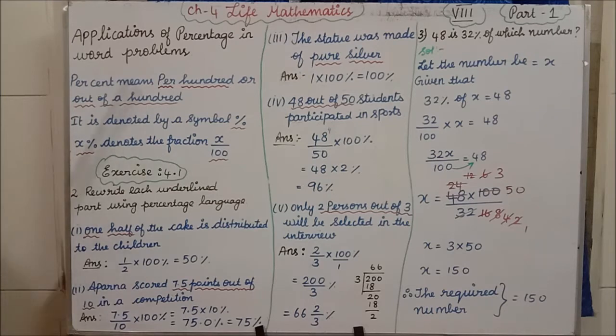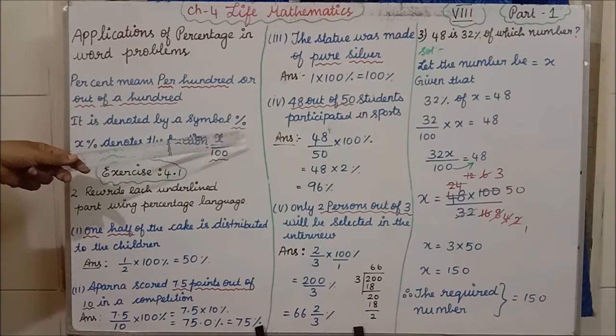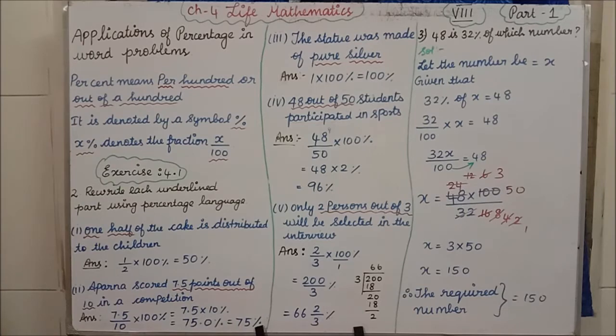Percent means per 100 or out of 100. It is denoted by the percentage symbol. Suppose x percentage is given, how can we denote it? x percentage can be denoted as the fraction x by 100.